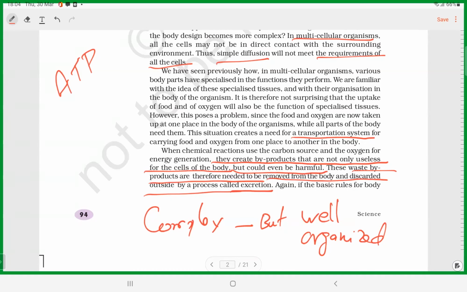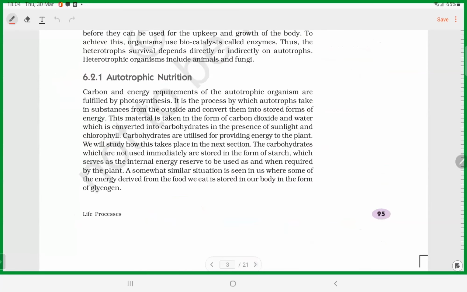No process is different; each is a component of the system. In a living organism, all the processes are interconnected with each other. Is it clear? Fine.